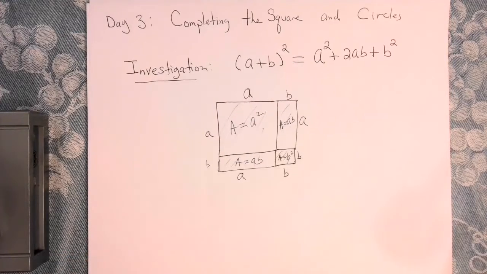What I want to do now is start to look at these sort of incomplete squares, almost squares in a sense, and see if we can complete them geometrically. The goal of this is to take our geometry and extract some sort of algebraic formula.